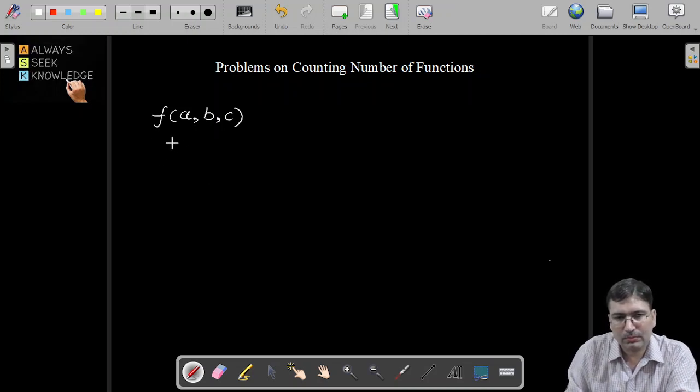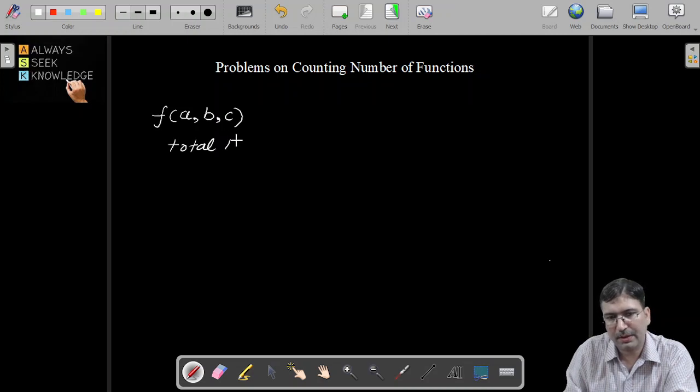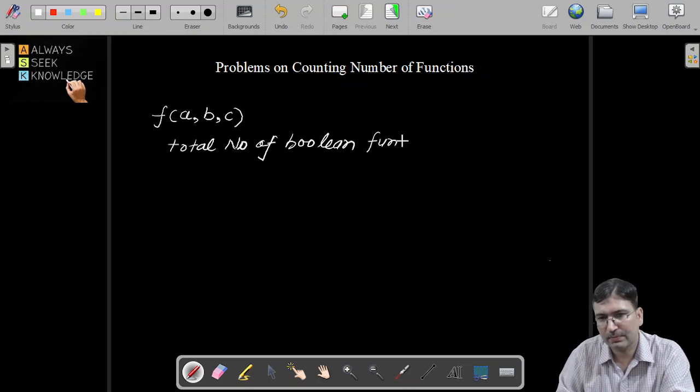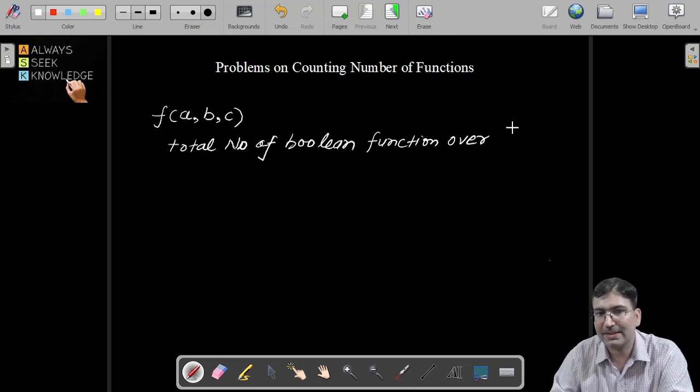So we have already seen the total number of Boolean functions over, let's say, n Boolean variables.